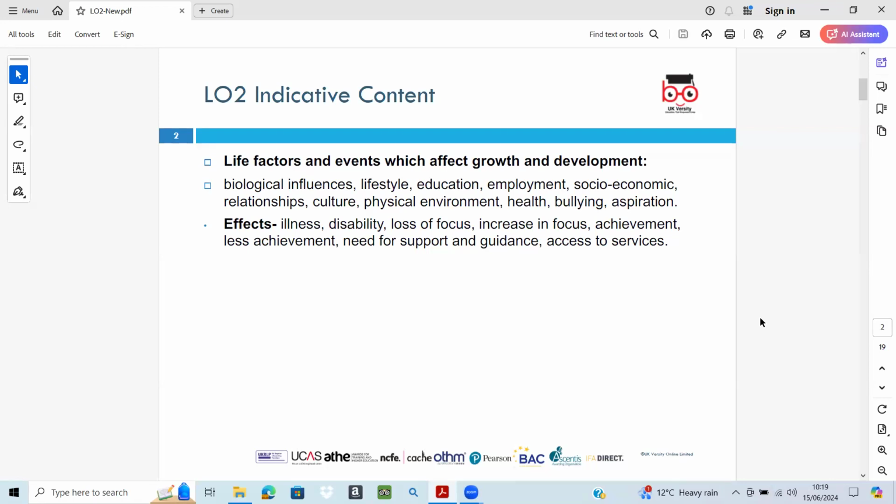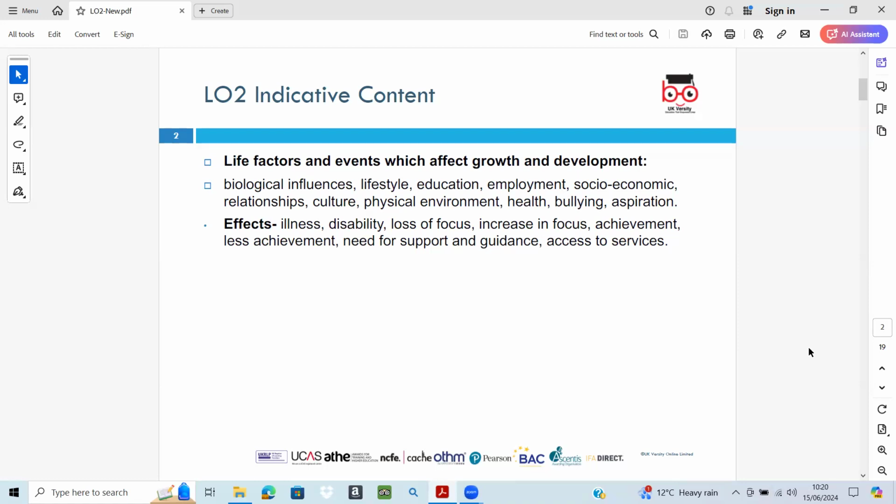So understanding these diverse factors and events that influence growth and development is crucial for appreciating the uniqueness of each individual life journey. And these factors interact in complex ways, creating distinct developmental pathways for each individual.